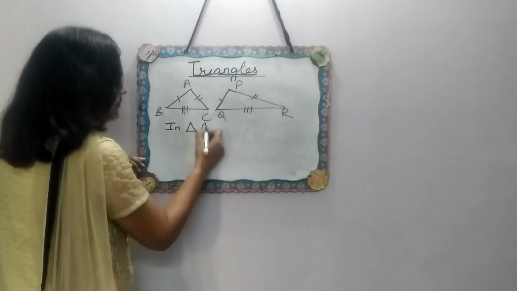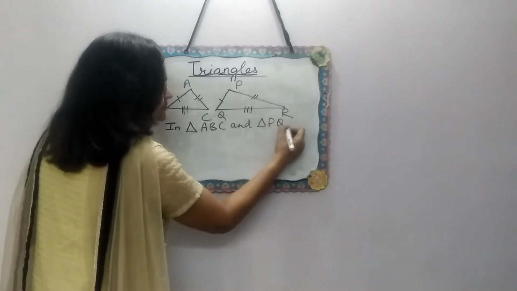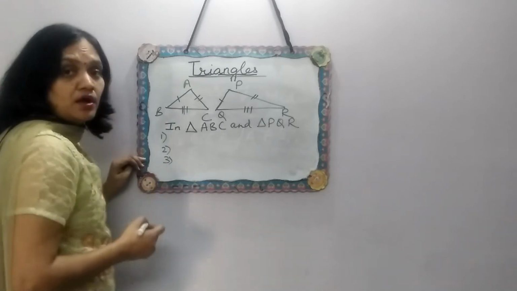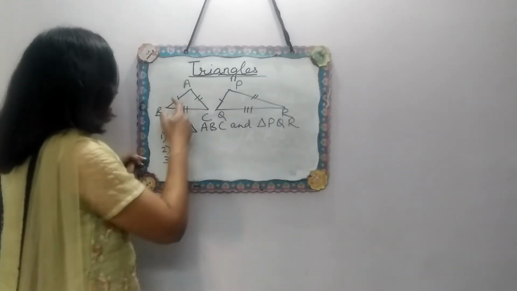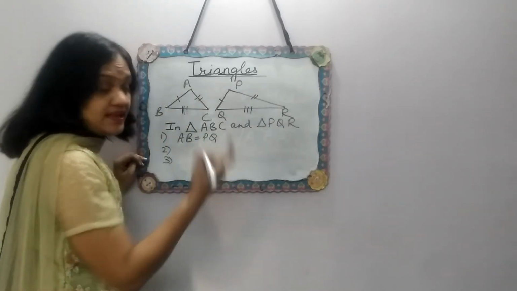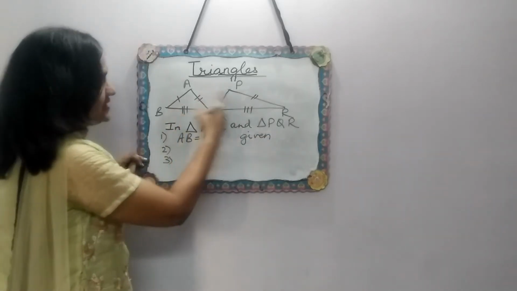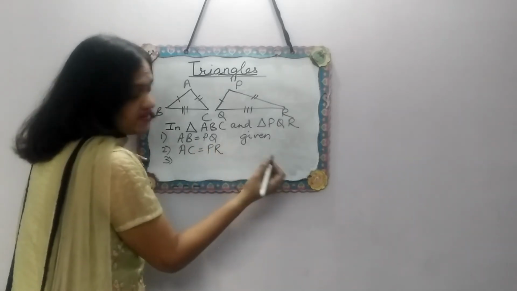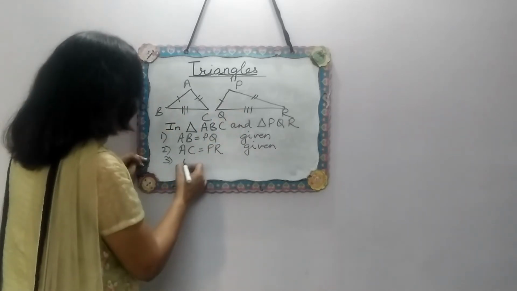In triangle ABC and triangle PQR, what are the three conditions through which I am going to prove that the triangles are congruent or not? They are AB equal to PQ. How do we know this? It's given in the question. It's given in the figure. AC equal to PR. Again, we know this because it's given in the question, given on the figure. Then we have BC equal to QR.